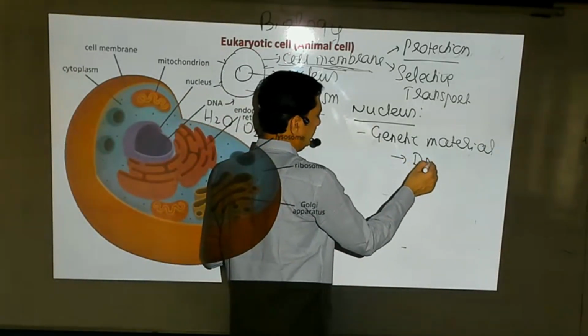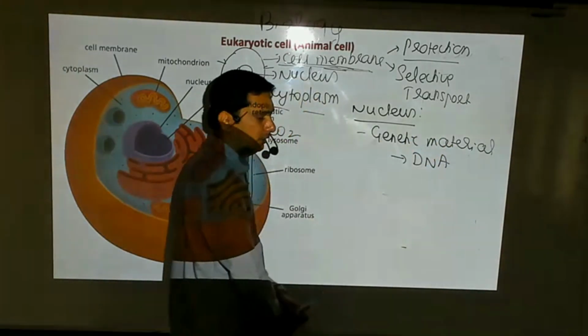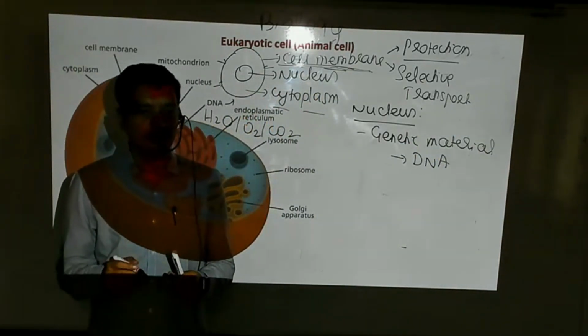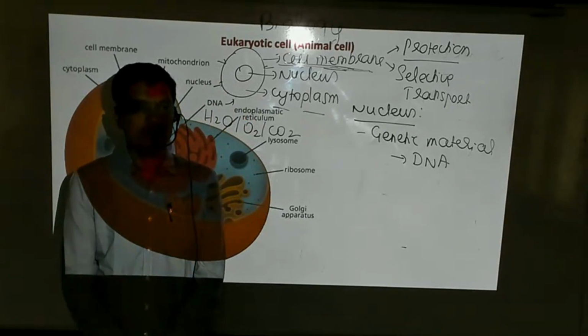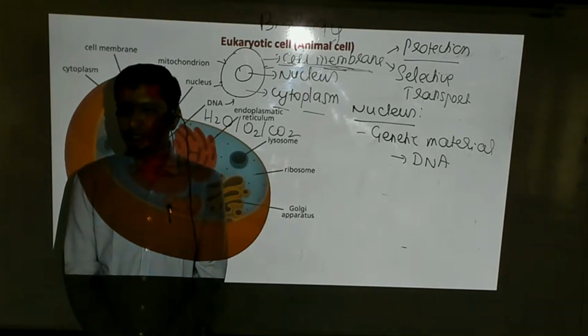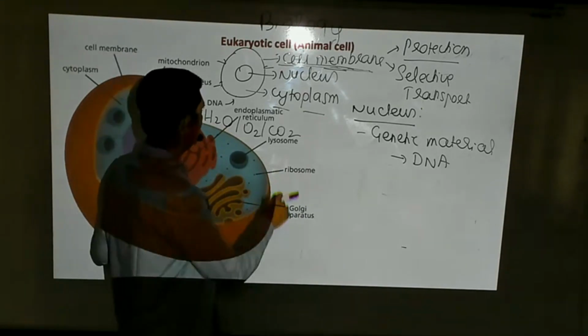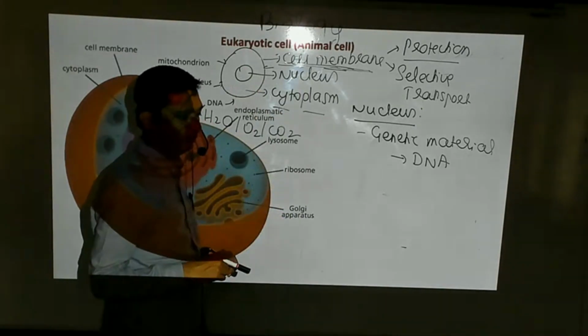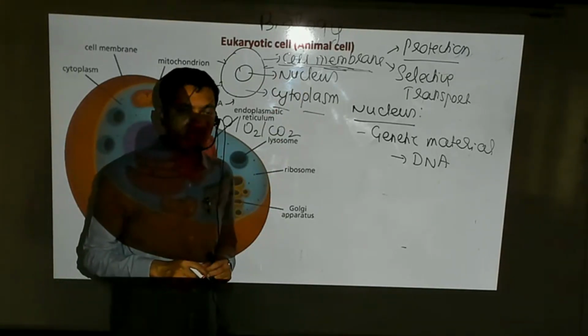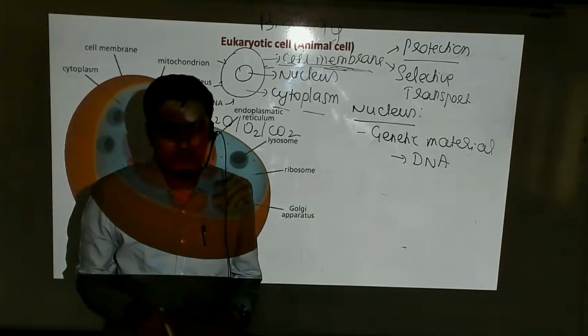Most of the times it is DNA. It is present in the form of DNA. This is the software of the cell. And where do we get this DNA from? From our parents. The DNA sitting in the center of the cell in the nucleus. So nucleus is harboring genetic material, and genetic material mostly found in the form of DNA.